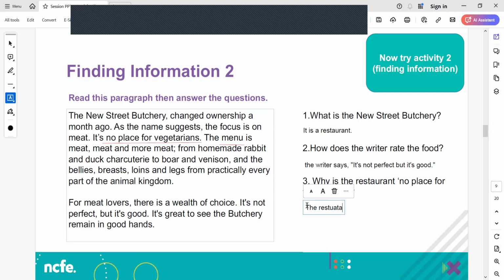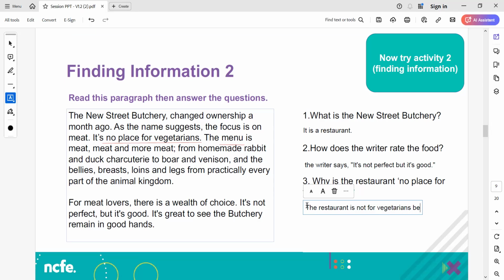Because he has answered it. Why wouldn't vegetarians like it? Because what's on the menu? Meat, and more meat. Yeah. So let's quote that again.